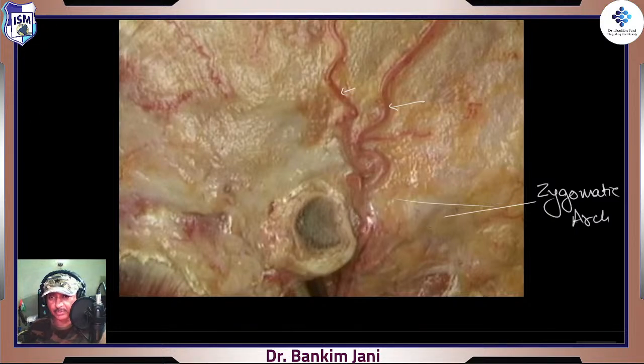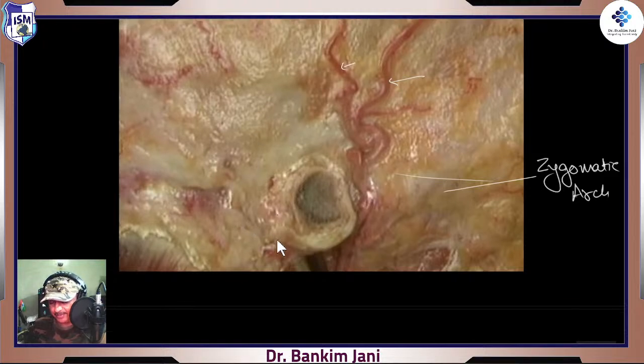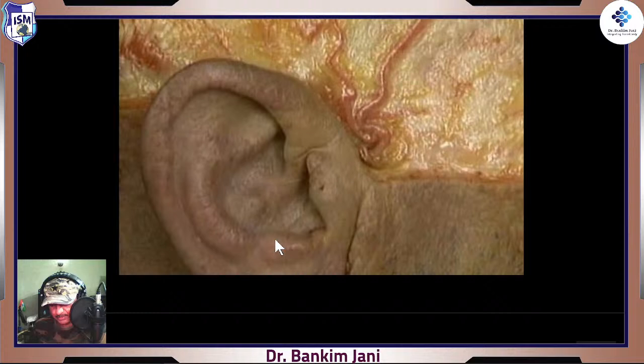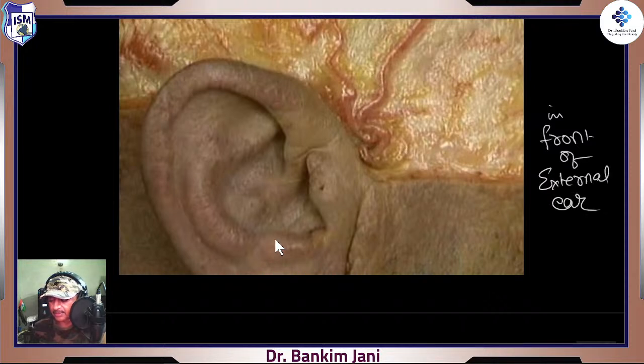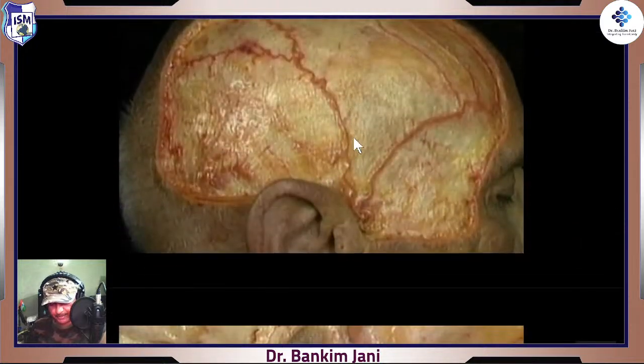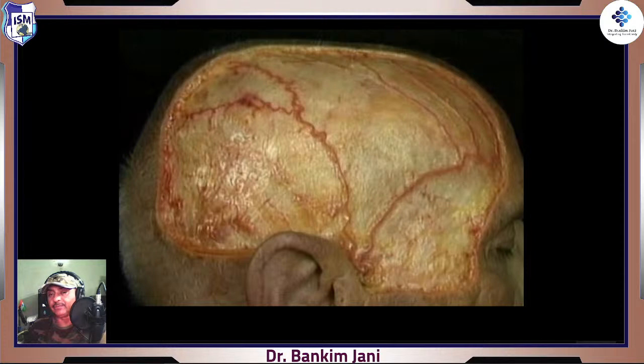It is going above. And this is in front of the external ear. That's why we replaced that ear also. This is the keyword: in front of the external ear. And then it would go all the way up.